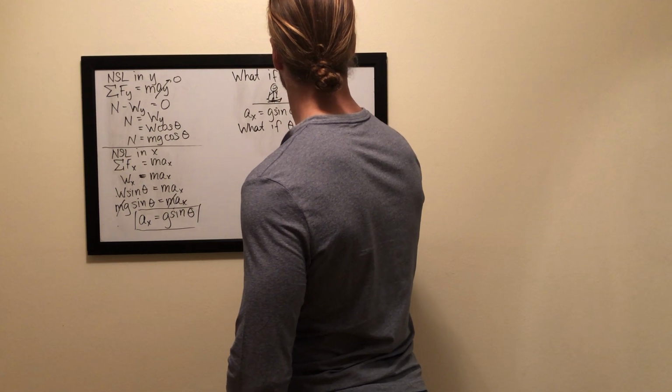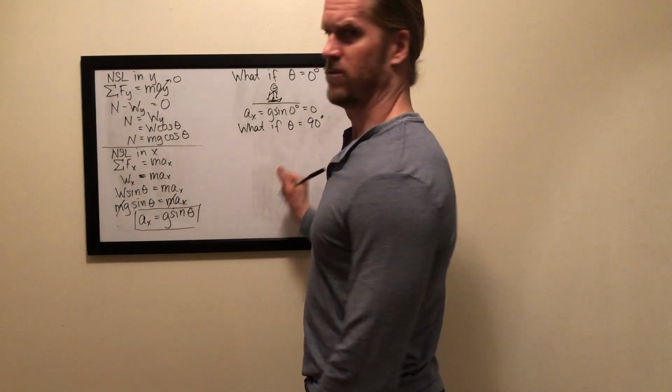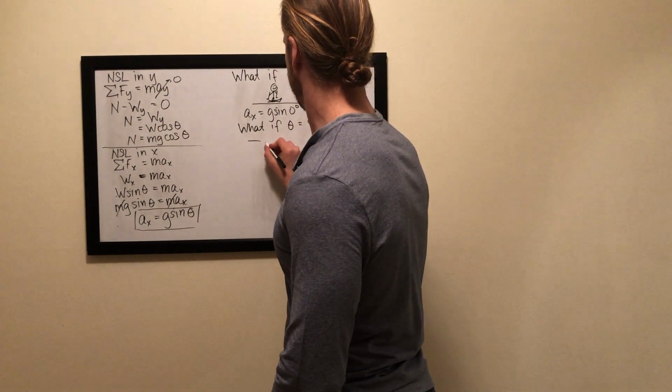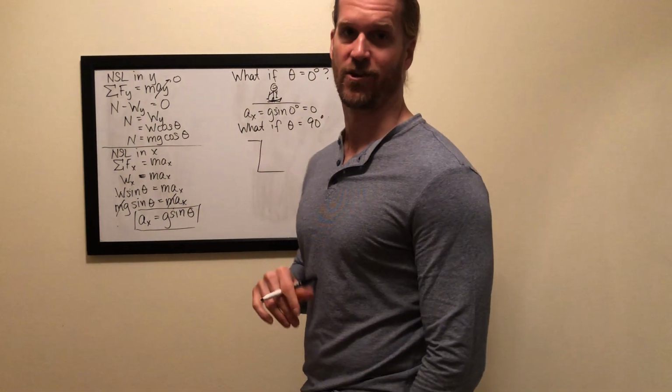What if theta equals 90 degrees? Well, in that case, your skier is just falling down a cliff.